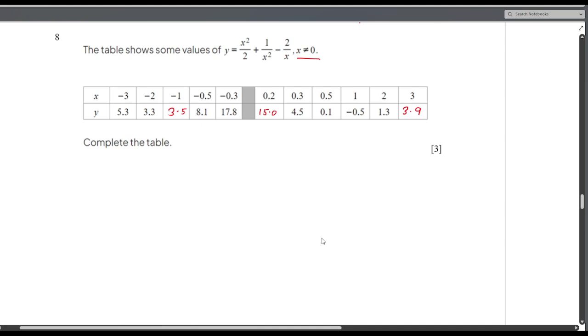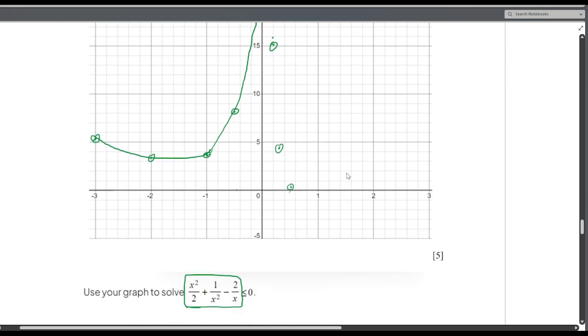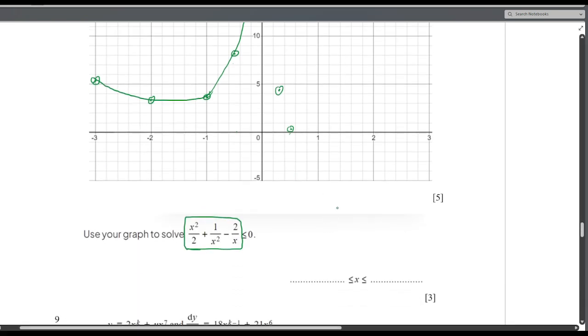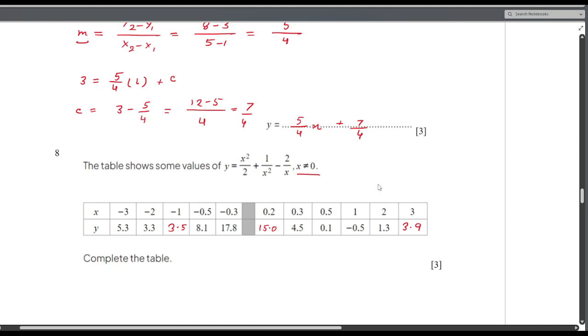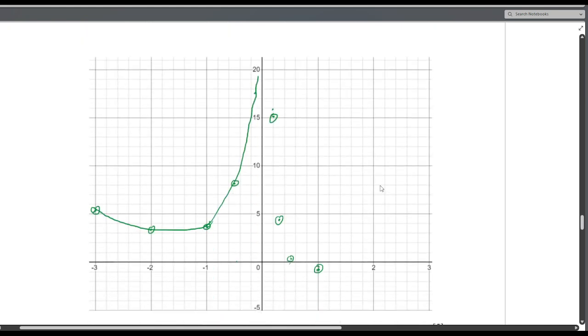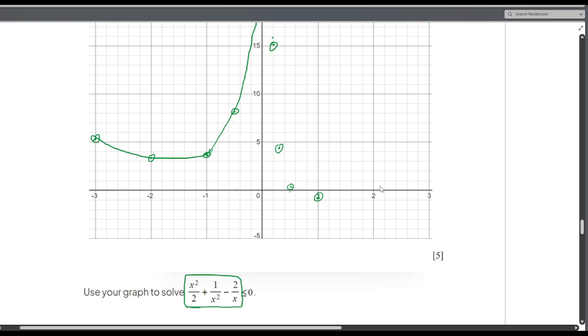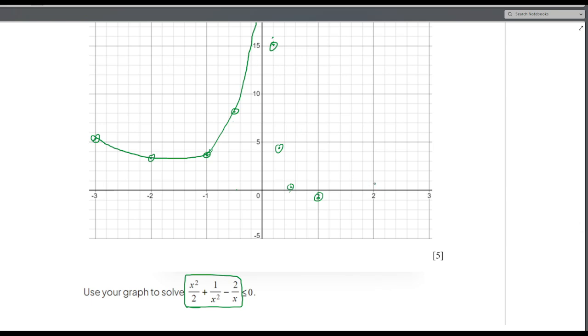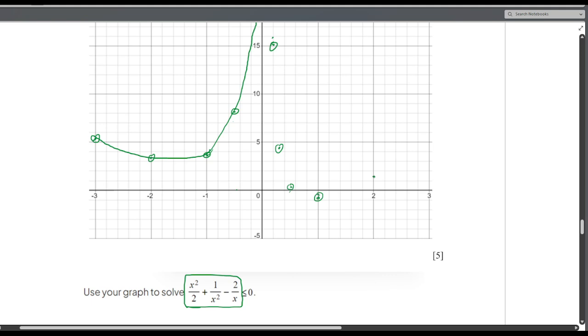And then for 1 it is minus 0.5, so minus 0.5 is here only. For 2 it is 1.3, so 1.3 will be somewhere here.